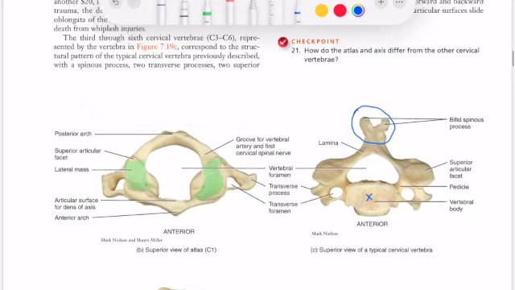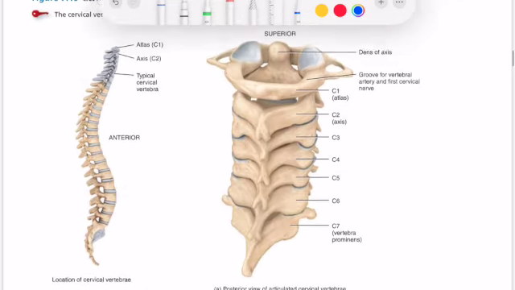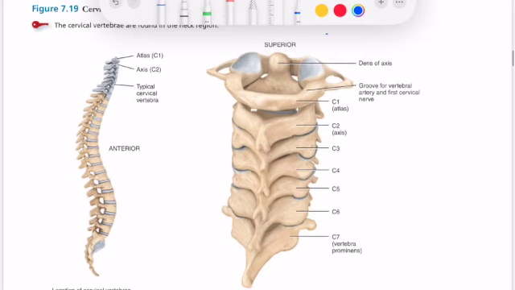And then seeing them all stacked together, it looks like this. So we see that the dens articulates here with the atlas there. And in this articulation, this allows the head to pivot to be able to shake no. And we notice that the atlas does not have a vertebral body.